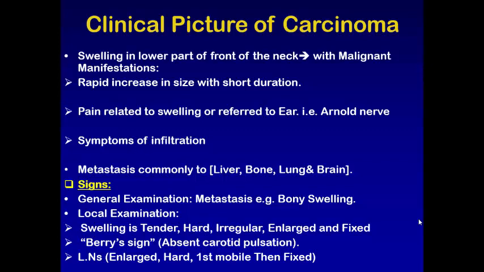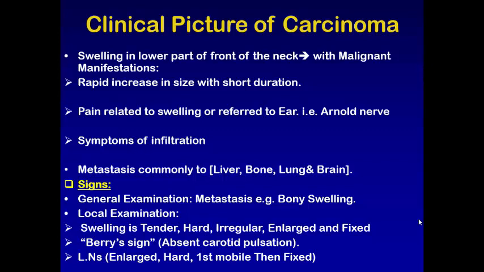Esophagus, there may be dysphagia, though it rarely involves the esophagus. Sympathetic chain, there may be Horner syndrome, which involves ptosis, miosis, enophthalmos, and anhidrosis. Involvement of carotid artery, postural fainting. Involvement of internal jugular vein, edema of the face. Involvement of recurrent laryngeal nerve, hoarseness of voice if unilateral, stridor if bilateral. And also features of metastasis, commonly to liver, bone, lung, brain.